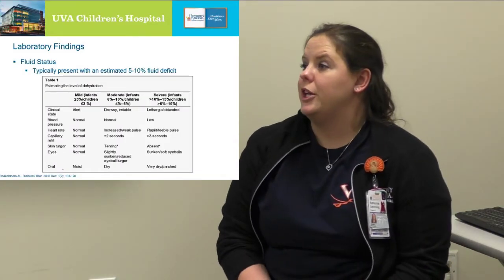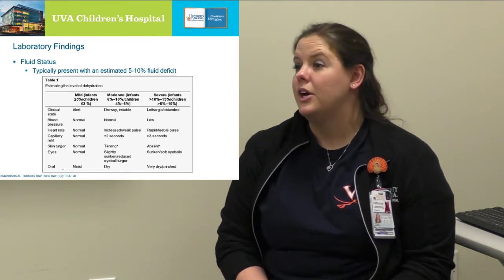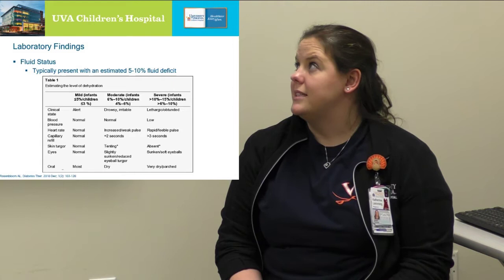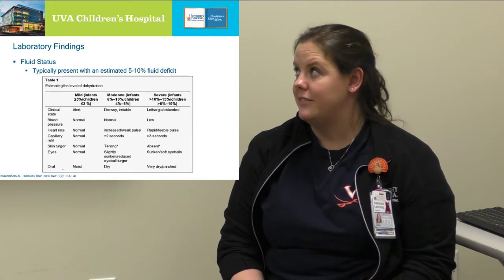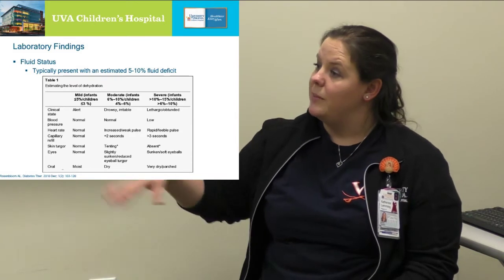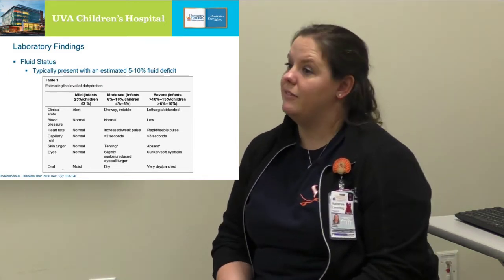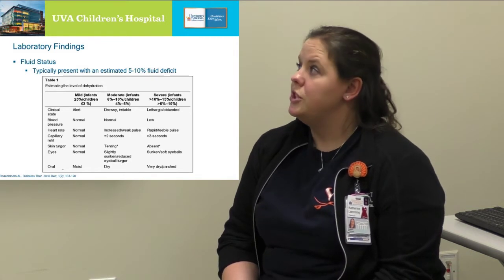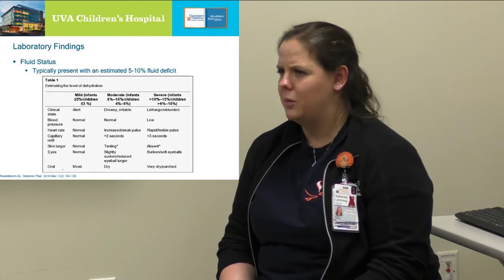Other things we want to look at and focus on when a patient comes in with DKA is their fluid status. Typically all of these patients that are presenting have an estimated 5 to 10% fluid deficit. This chart I have up here shows an example of how you estimate the level of dehydration. Patients with mild dehydration may just appear normal.